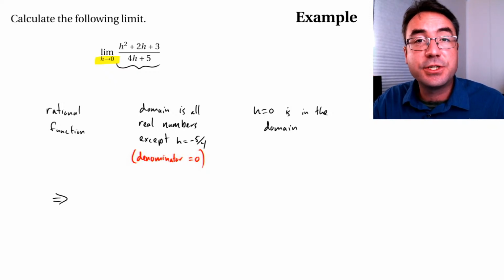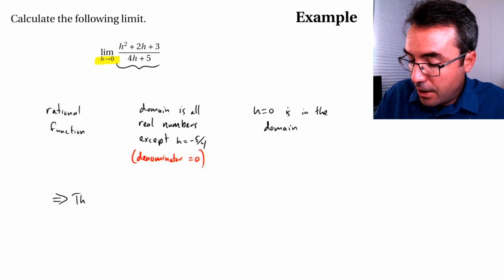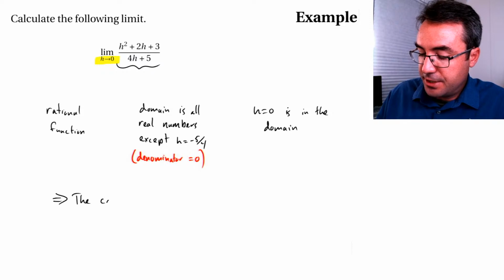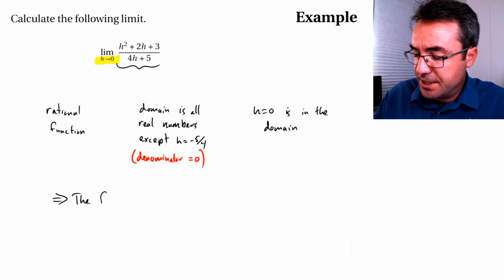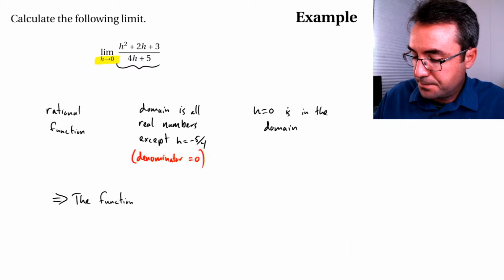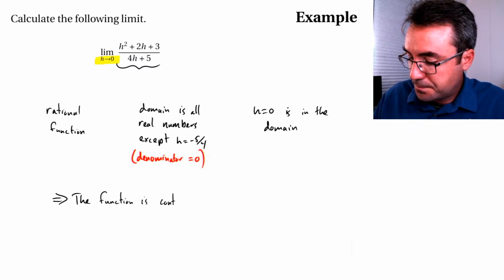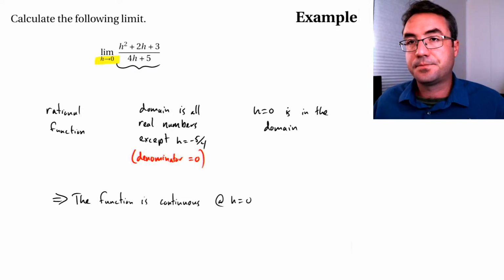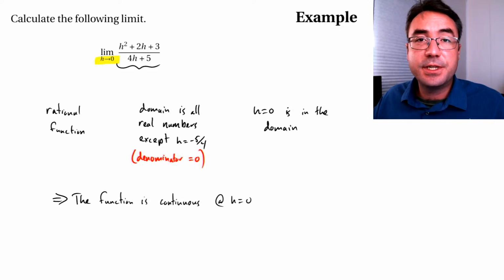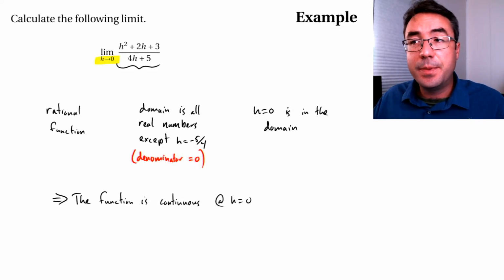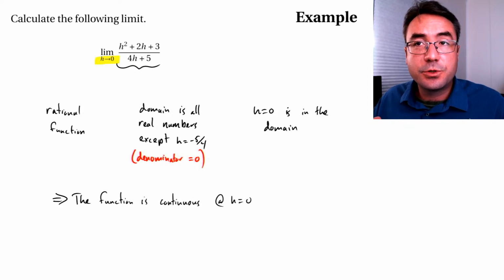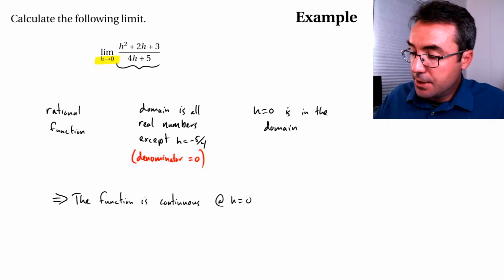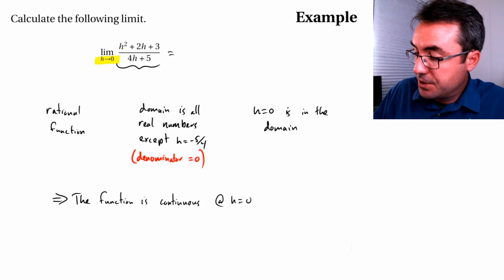And we know the number h is approaching here is in the domain. That all of that tells us that our function is continuous at h equals 0. We know rational functions are continuous on their domain. We've identified the domain, and we've shown that the number h is approaching for our particular limit here is in that domain. So to calculate our limit then, we can just plug in.